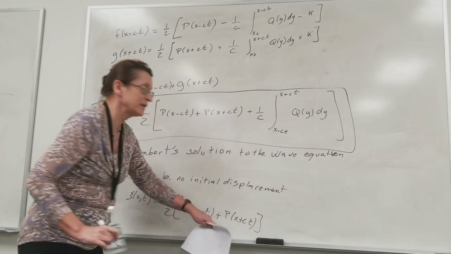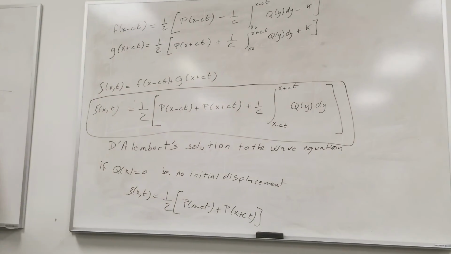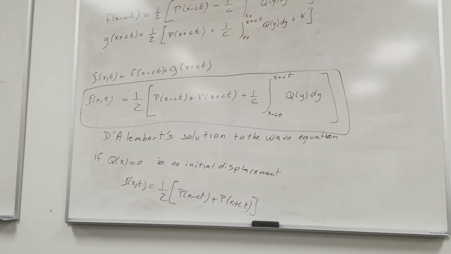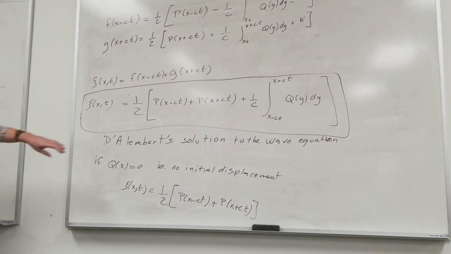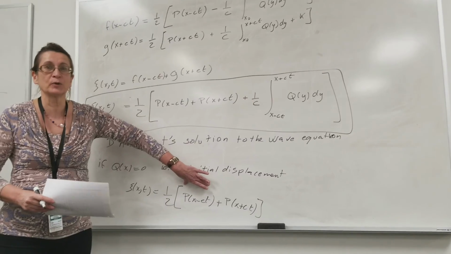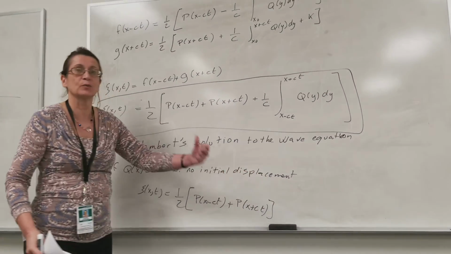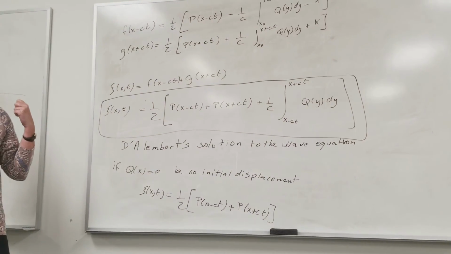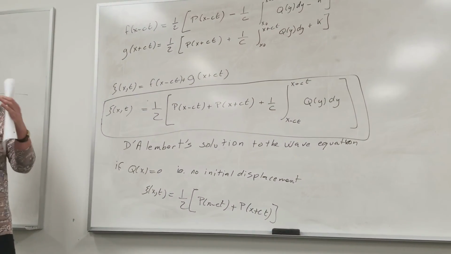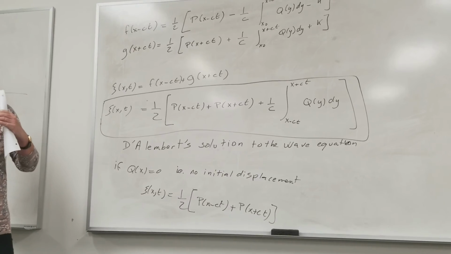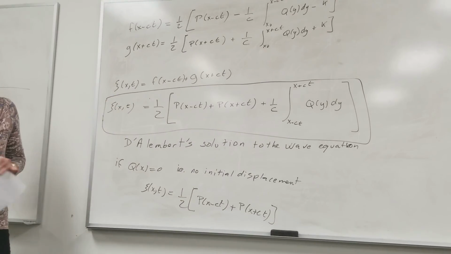So you start with a p of x at t equals 0. You start with a shape. You're given your string a shape. What's going to happen is half of that disturbance is going to be moving in a forward direction. Half of the disturbance will move in a backwards direction. So your original disturbance splits in half. One half moves one way, the other half moves the other way.